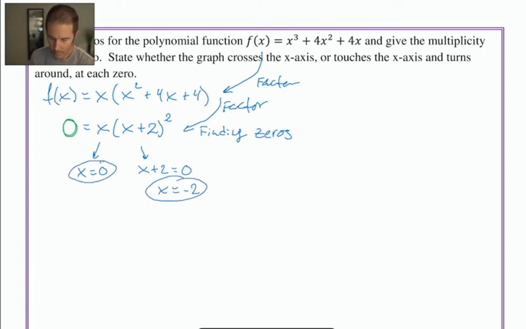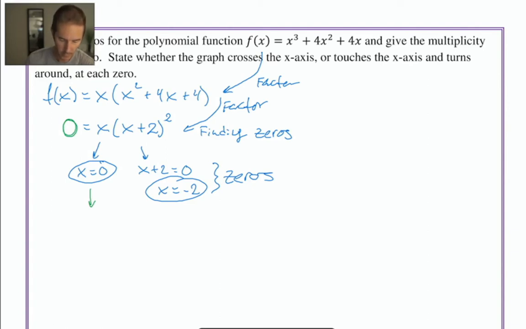And what about the multiplicity of each zero? So these are zeros. And the multiplicity of this zero, look at the exponent on the original factor that it came from. It was x to the first power.